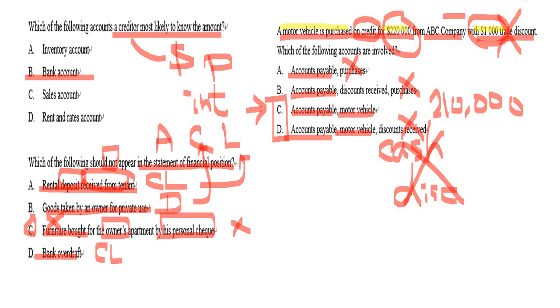Okay, and this is the motor vehicles. And the question does not mention what the motor vehicles are purchased for. If it is purchased for resale purpose, it is regarded as purchases. But this question does not mention this. So we will not regard the motor vehicle as purchases for sale to the customers. So purchases wrong. So we have either C or D.